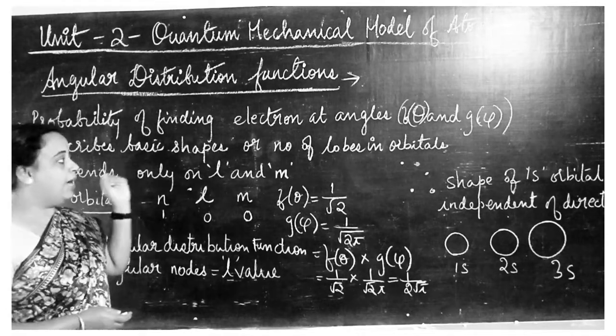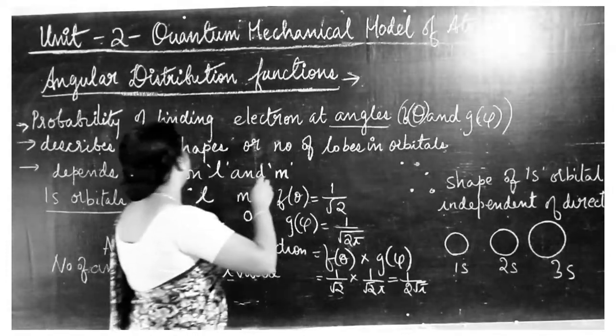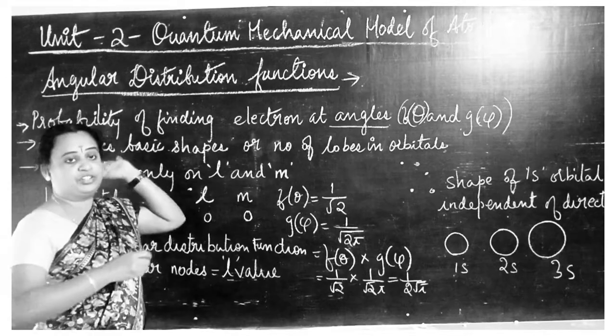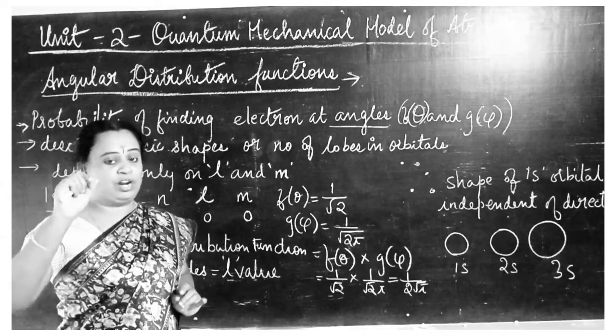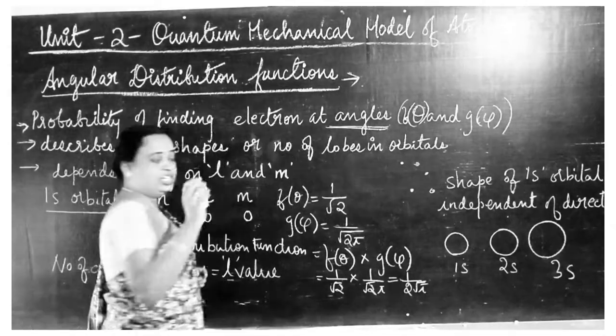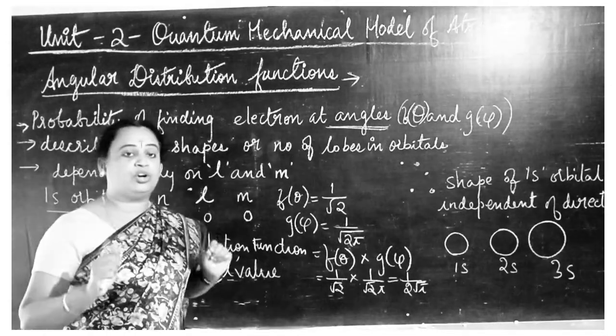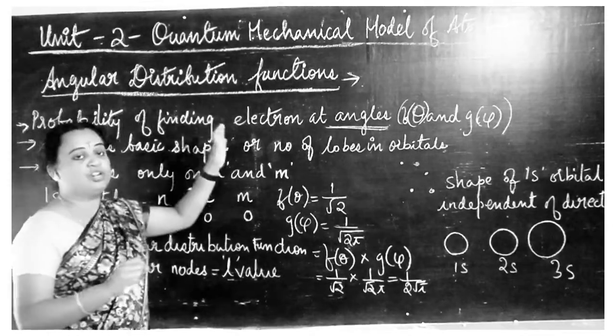The term angles indicates the angular distribution function, whereas the term radius indicates the radial distribution function. So at different angles, what is the probability of finding the electron around the nucleus? That is the angular distribution function.